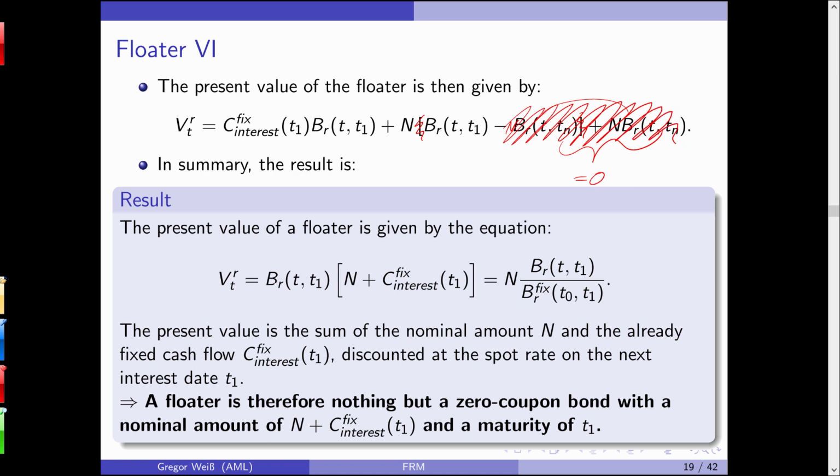And you're left with BRT T1 times N plus the fixed interest payment, or this here.